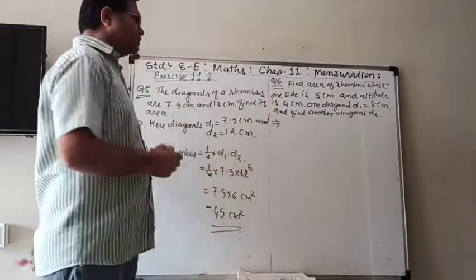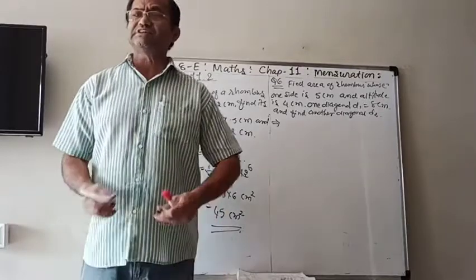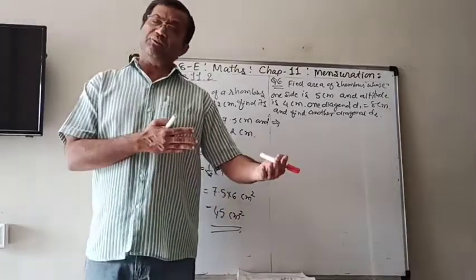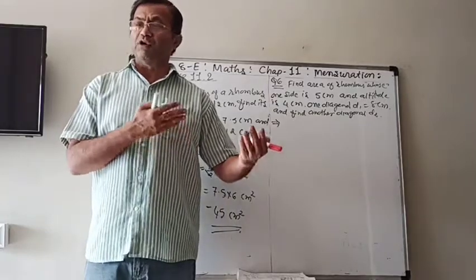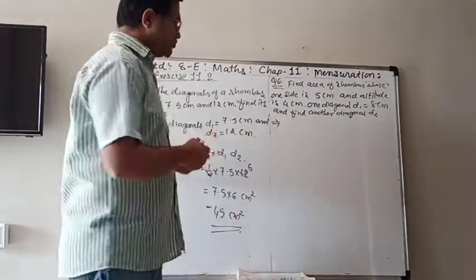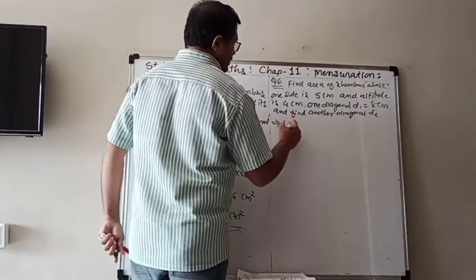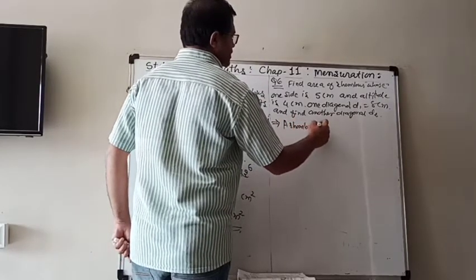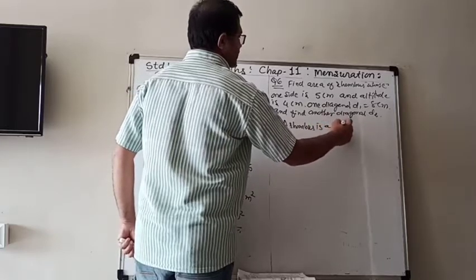So first of all, we know that a rhombus is a special type of parallelogram. So the area of a parallelogram formula you can use here. So first we will write down a rhombus is a parallelogram.